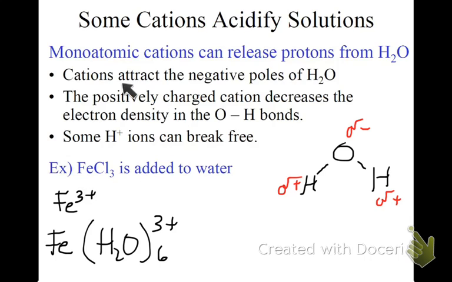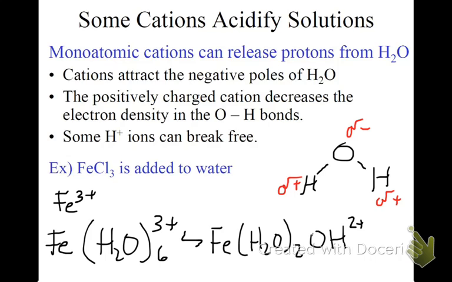So when we put this cation in, it's going to attract the negative poles, and we're going to get this complex ion right there. And this complex ion can set up equilibrium with itself, and it's going to turn into Fe(H2O)5(OH) 2 plus.